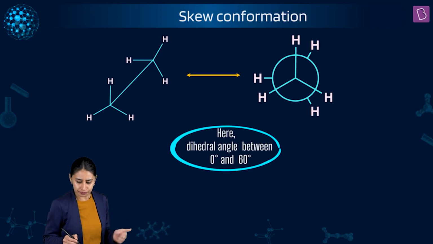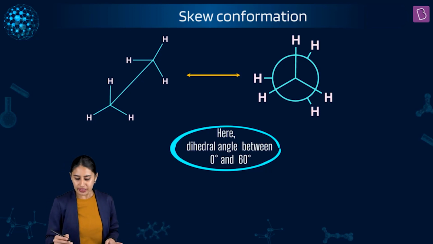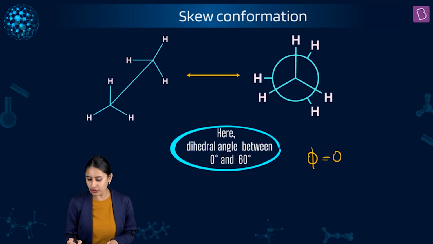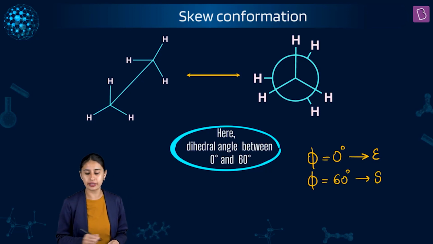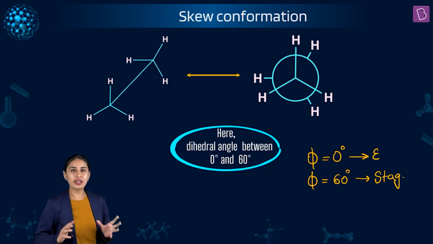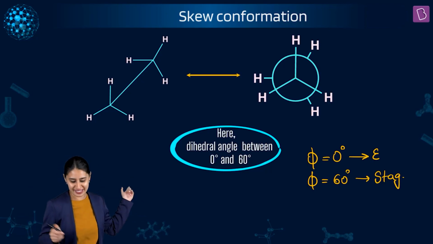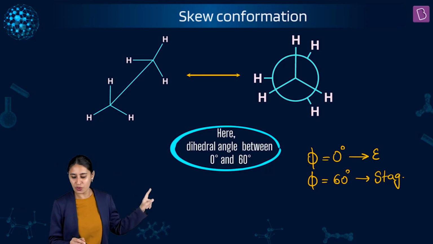If I'm specific about ethane, because we have been talking about ethane for a long time now, understanding it again from the example of ethane: when the dihedral angle was equal to 0 degrees, we know we were talking about eclipsed. When the dihedral angle was equal to 60 degrees, we know we were talking about staggered. And if the dihedral angle is anything in between, infinite possibilities, then we are going to call them skew conformers.